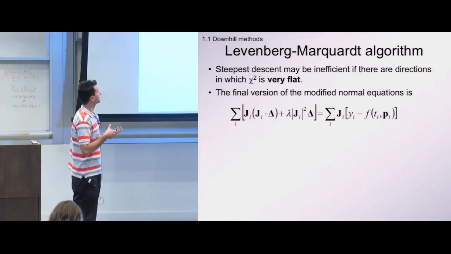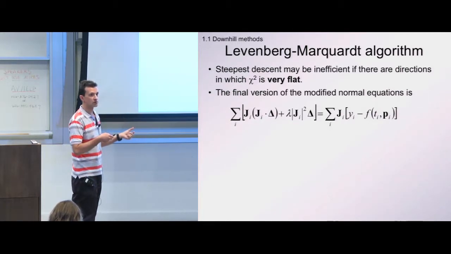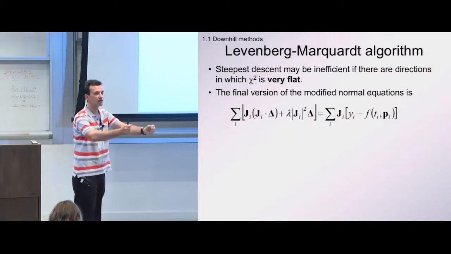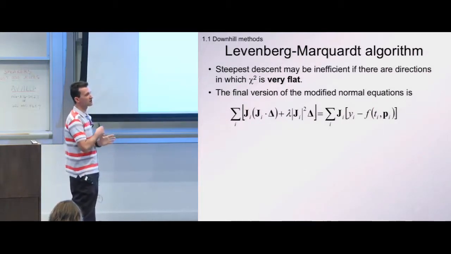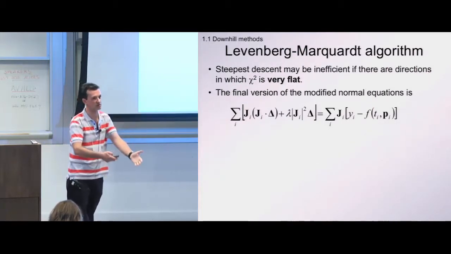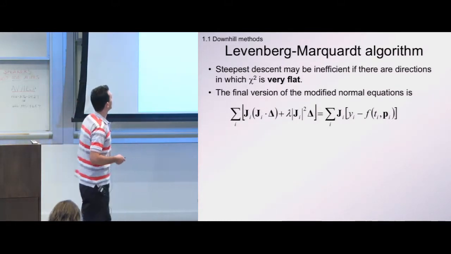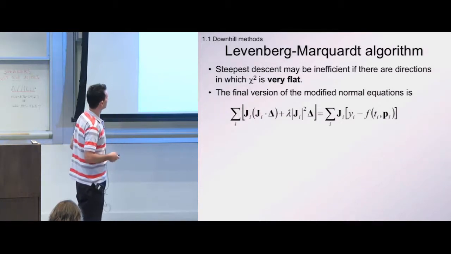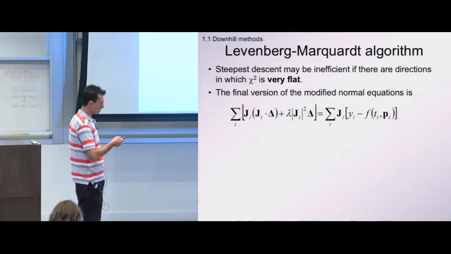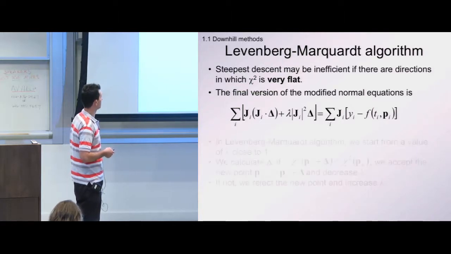If the gradient is very small, this will go to the denominator when you invert the equations, and then you will get a boost in your fit so that it will not move slowly, but it will actually move much faster than with the steepest descent method. In this way, this method is made much more efficient.